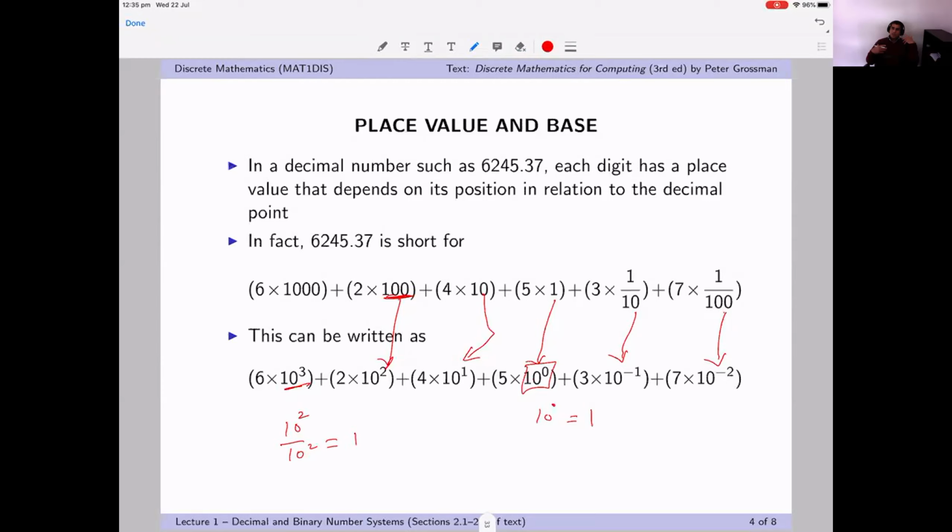In other words, if there are 100 units of things and you want to split them into 100 parts, then there would be 1 part each, right? So this can be written as 10 to power 2 multiplied by 10 to power minus 2. You take that to the numerator, which is basically 2 minus 2, which is 10 to power 0. So 10 to power 0 is actually 1.